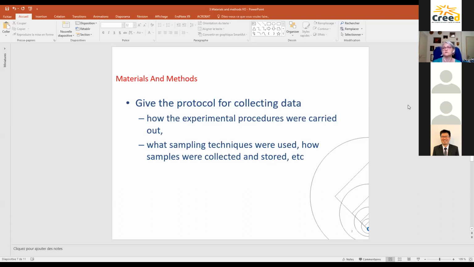This is important when you're dealing with biological samples. And if you don't write this, it's one of the first things the reviewer will ask for when they start reviewing the methods section. How were the samples treated? How were the interviews conducted? Was there an ethical statement? Did the populations have full disclosure on what you were going to do with the data? These things need to be noted.